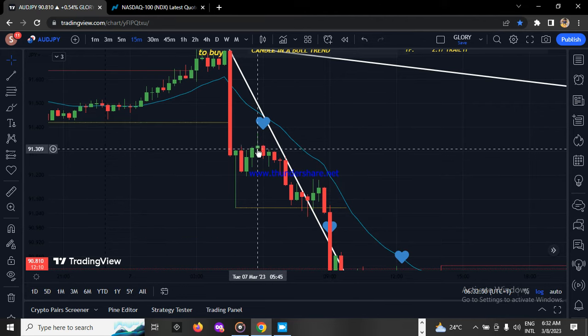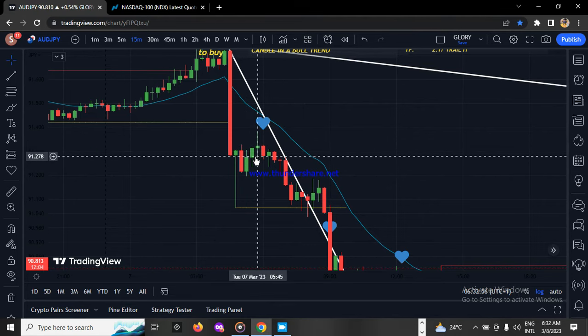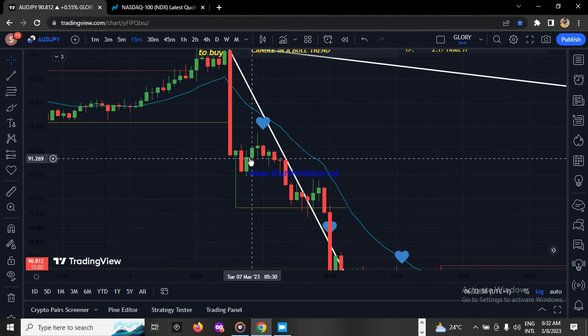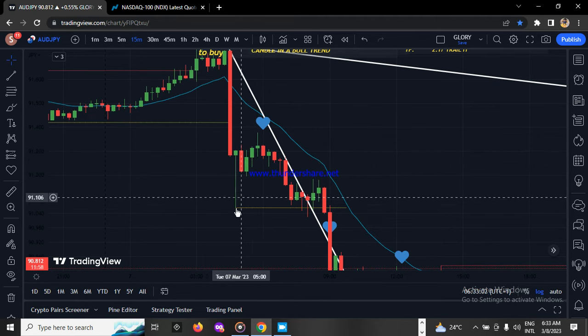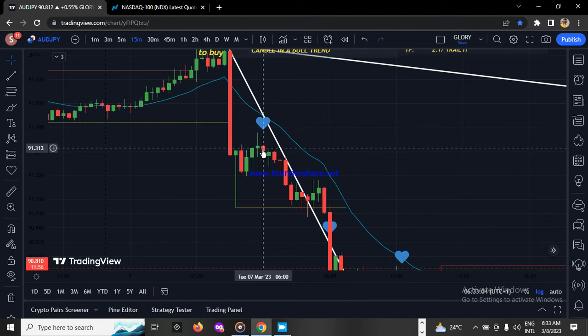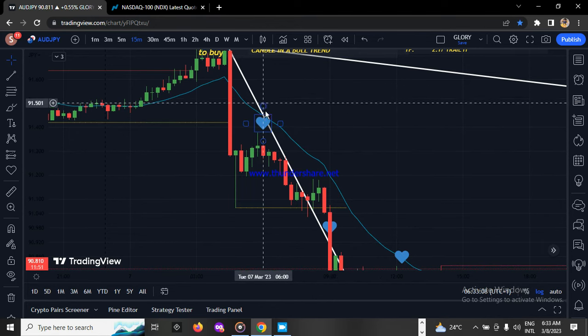At this point, it has trapped the early bulls who bought the market after seeing this bullish long wick candle rising up. They thought that the market wanted to change its direction and start moving up.